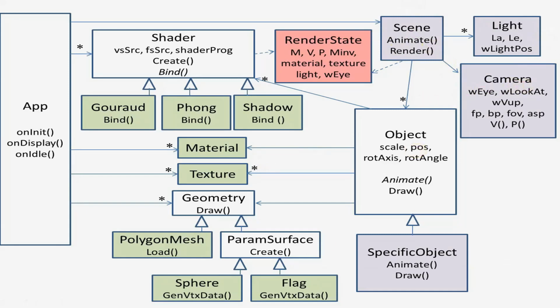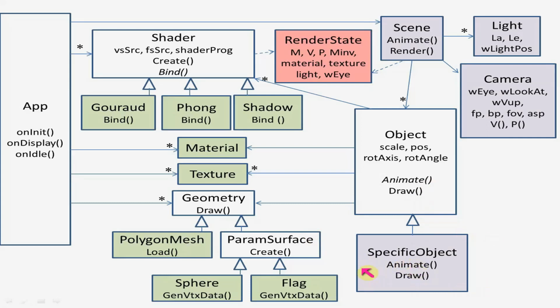An object has animation parameters, determining scaling, translation, and rotation, and can be animated by setting these animation parameters, and can also be drawn with the help of OpenGL and the GPU.